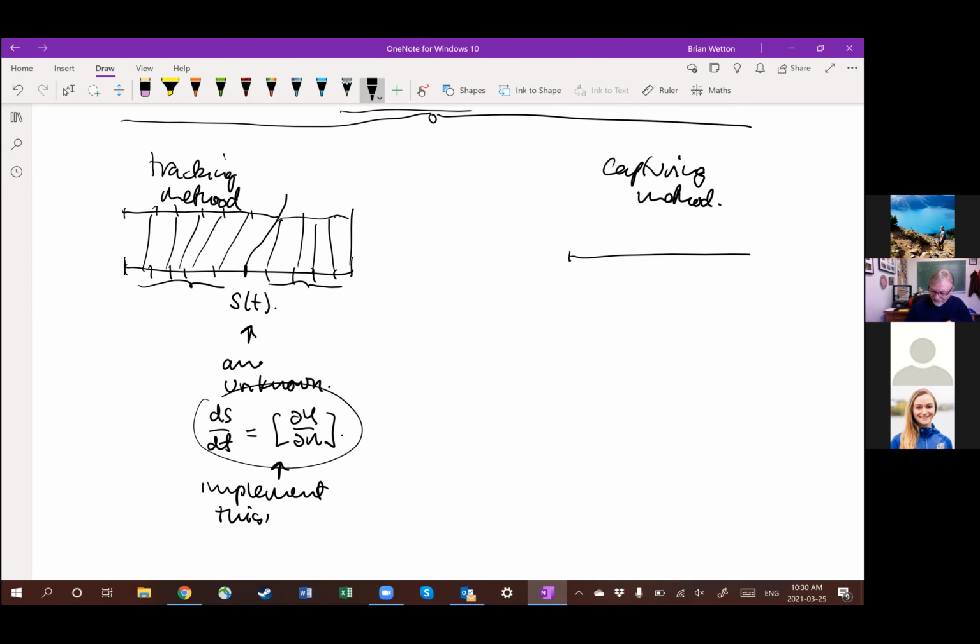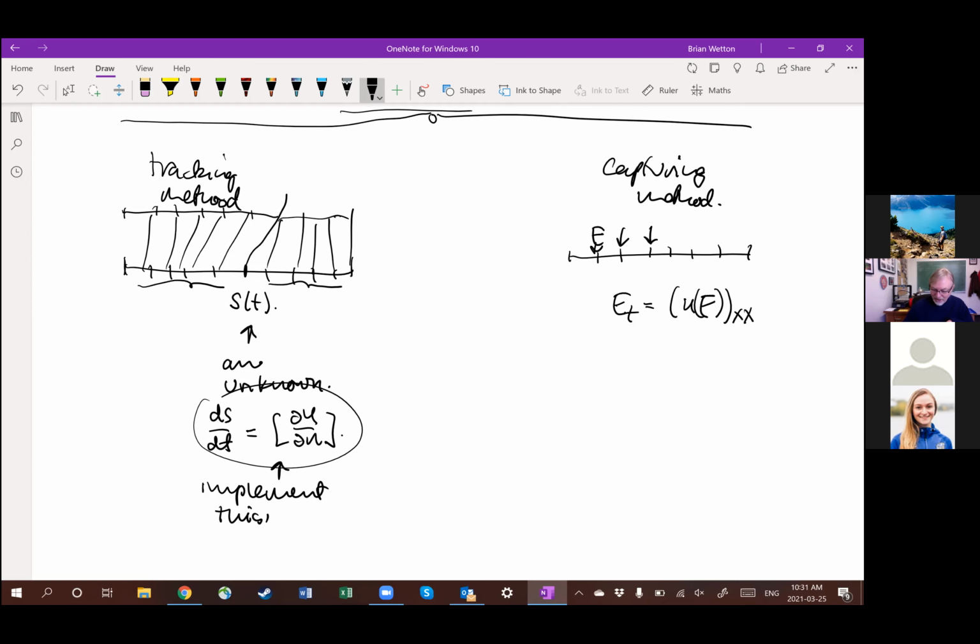Capturing method is different. So now we're going to look at this enthalpy method. In the enthalpy method, you're just going to have a grid. You're going to compute the enthalpy on the grid points.